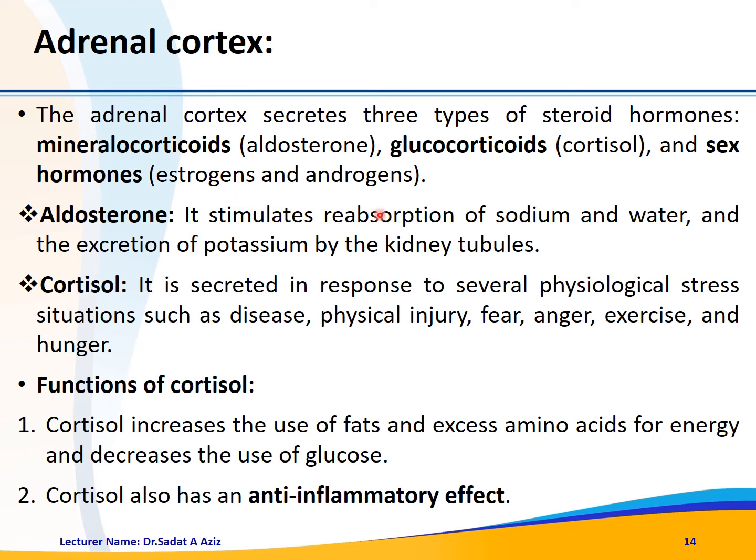So in male and female, the hormone of estrogen and androgen can be produced and secreted by what? By the adrenal cortex. So in the case of male, estrogen has some specific functions in the body.